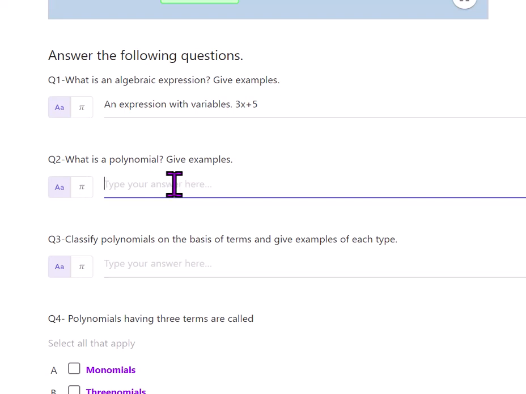What is a polynomial? Give examples. Polynomial. Oh, come on.